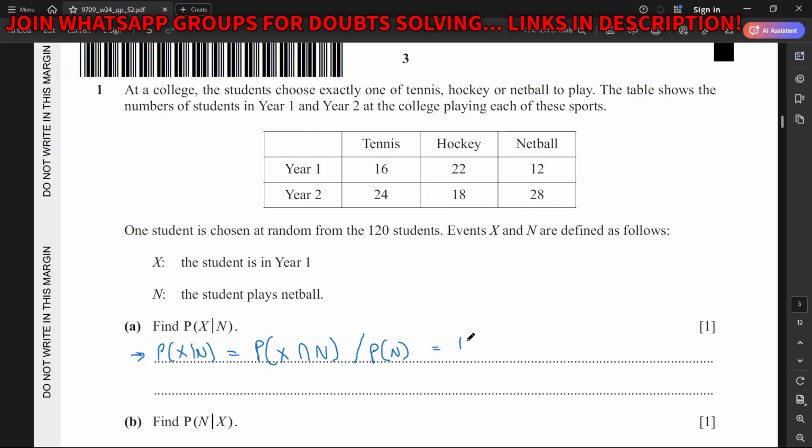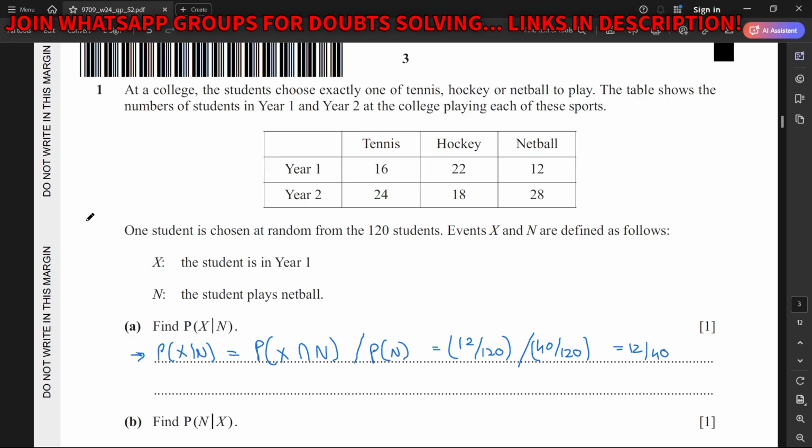So 12 by 120 is the probability divided by what is the probability that the student plays netball. So 12 plus 28 is 40. So out of 120, there are 40 students playing netball. So 120 and 120 get cancelled out and you are left with 12 by 40 being the answer.